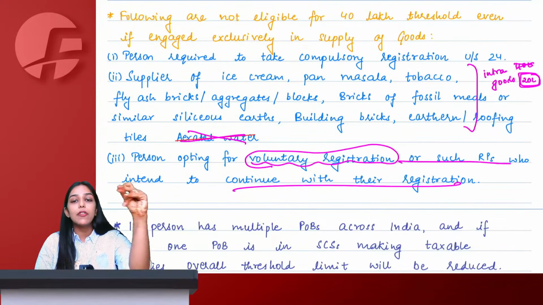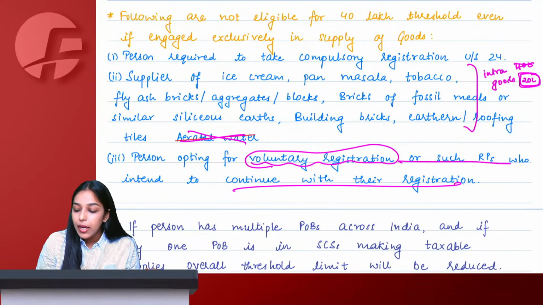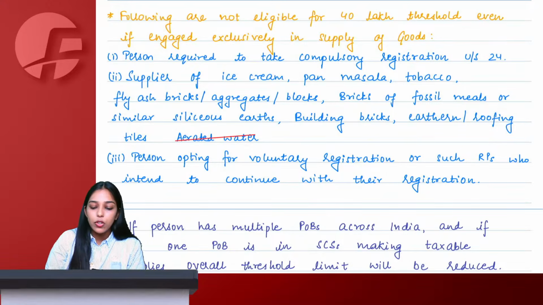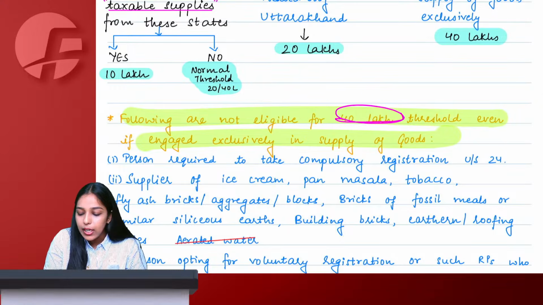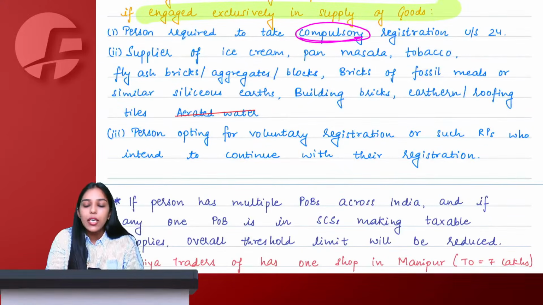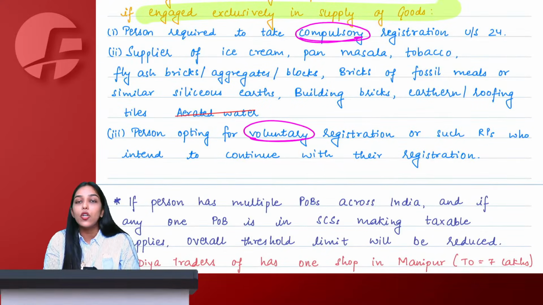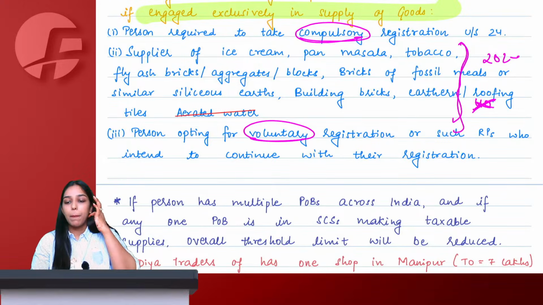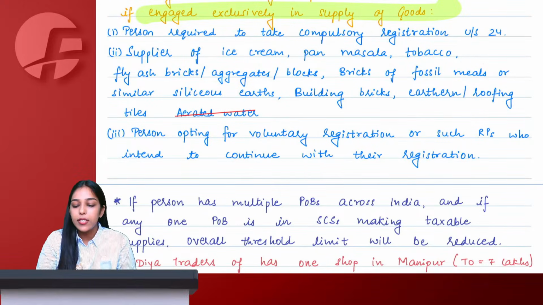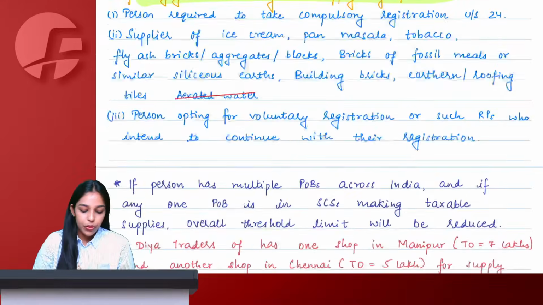For them, the aggregate turnover limit is always going to be 20 lakh. So we are saying that the following people are not eligible for the 40 lakh benefit. One, of course, if you have to take compulsory registration. Second, if you want to take voluntary, no problem. But for these people, the limit is 20 lakh only and not 40 lakh. Okay, ma'am. Even if they are doing exclusive intrastate goods supply, then also.